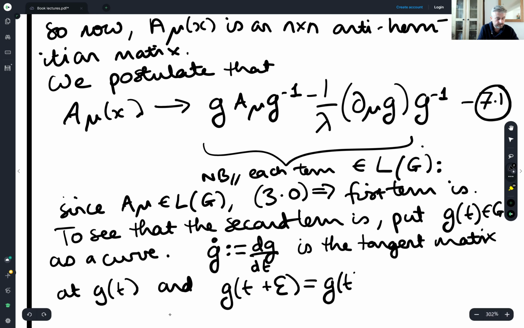This is, we can just Taylor expand this. Everything's smooth in Lie groups. And so we can Taylor expand to first order.